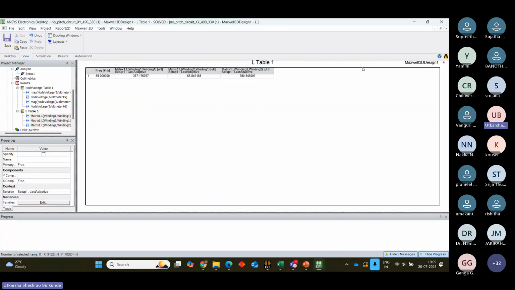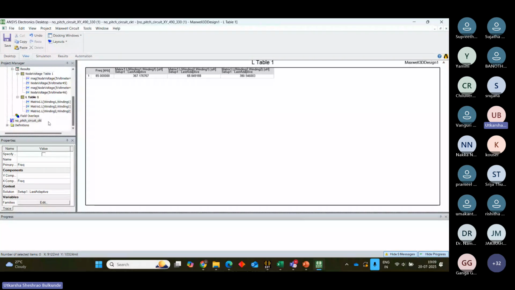Around the same we have, right? 67.17, and this is 68.84, 9, 11.87, 11.25. So we will just change the value and export it again.